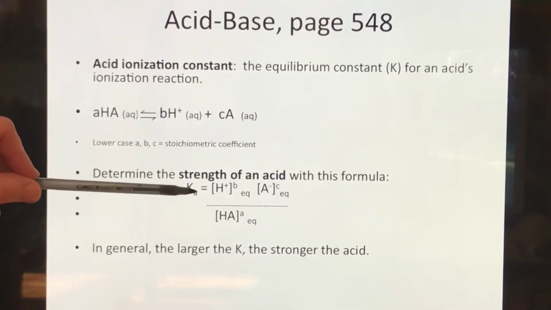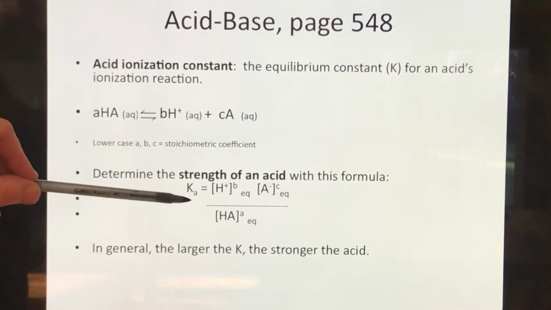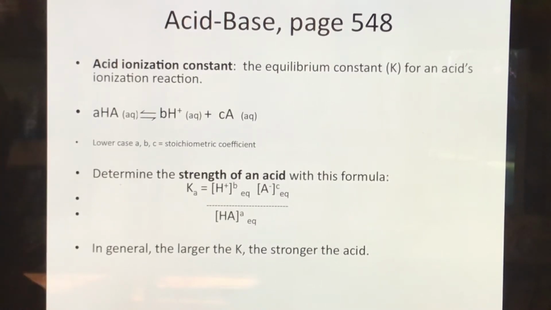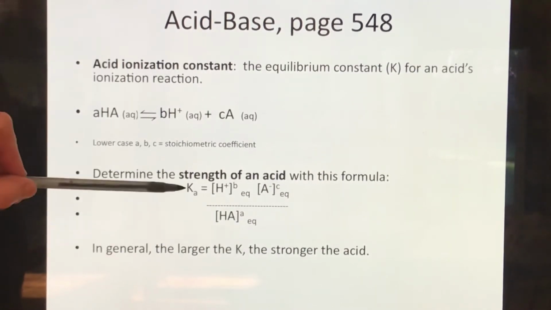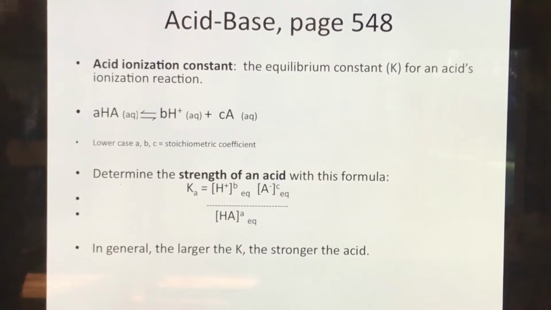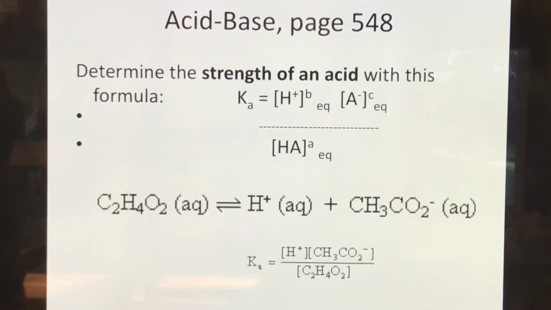So the K with the A subscript refers to the acid ionization constant. And as these are quantified, these Ks in general, the larger the K, the stronger is the acid.